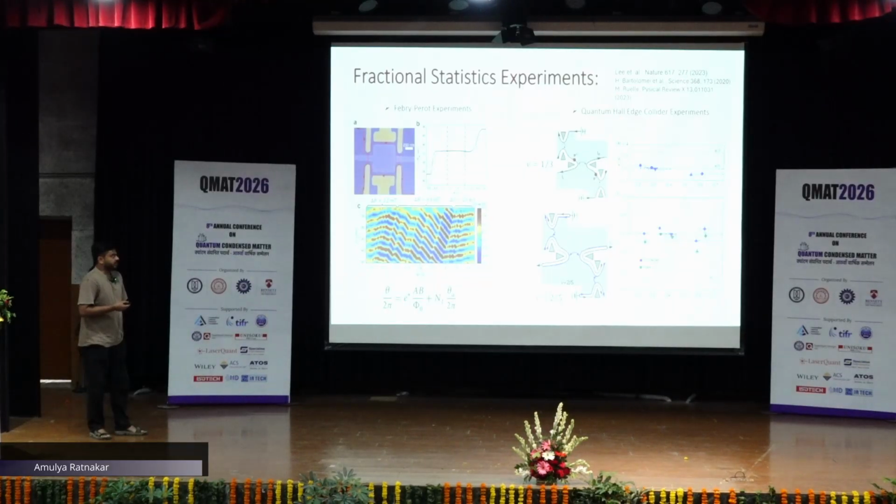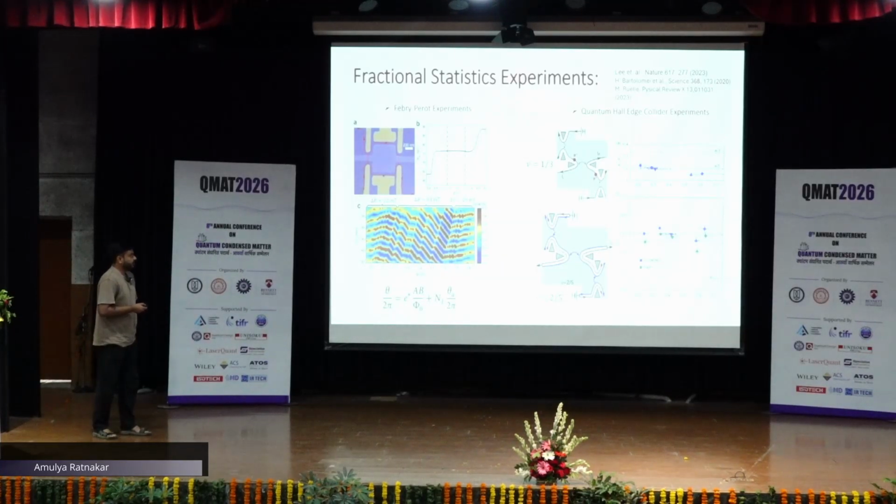So in an interferometer setup like Fabry-Perot experiments, we have the spatial braiding of edge anyons with the bulk anyons, and the interference depends on the exchange phase of these anyons at the edge and anyons in the bulk.